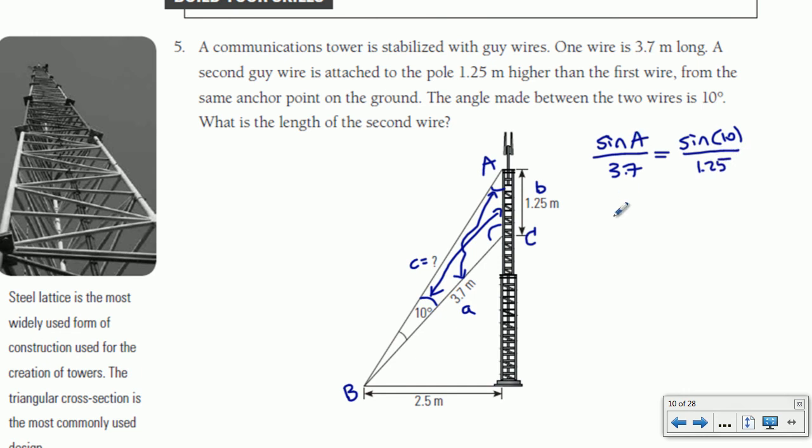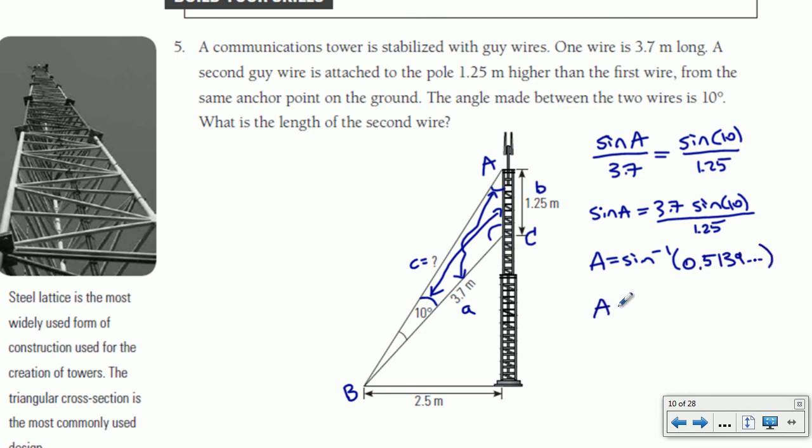And now we isolate for sine A, so sine A then is 3.7 times sine of 10 divided by 1.25. We figure out what this number is. We need to take the sine inverse of it. So sine inverse of 0.5139 and so on. That gives us angle A is 30.9 degrees.